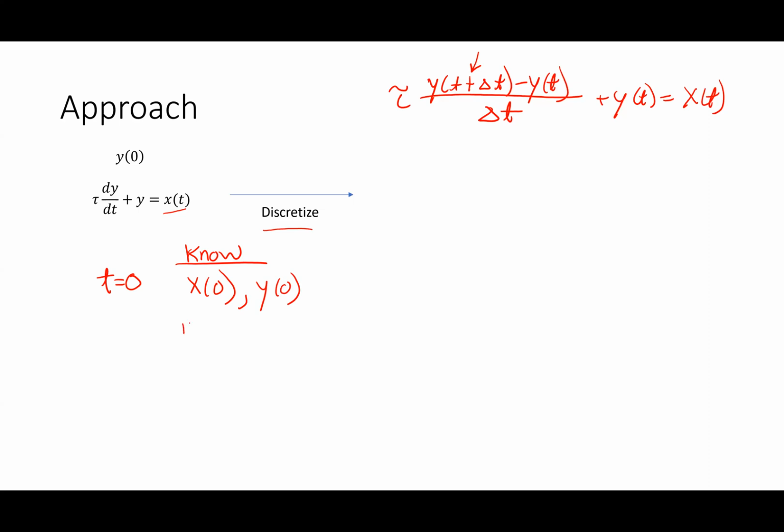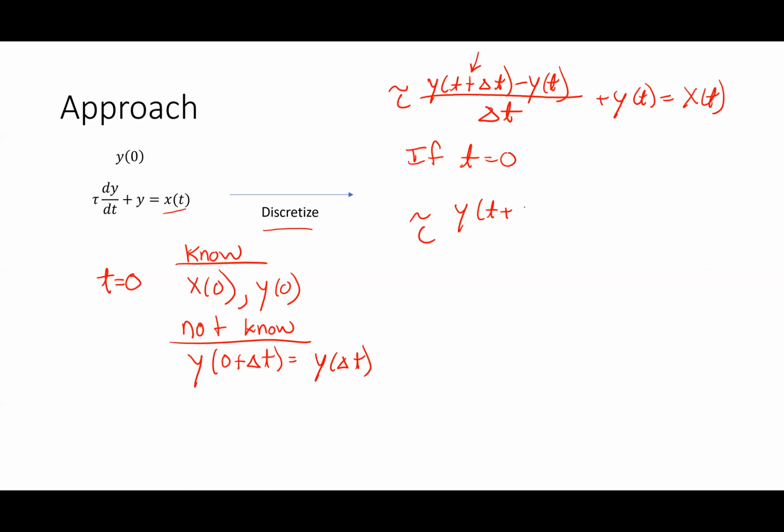What I will not know at that time is y of 0 plus delta t, or just y of delta t. And if t equals 0, I would have tau times y of t plus delta t, oops, let me plug in t equals 0, y of delta t minus y of 0, all over delta t, plus y of 0 equals x of 0.